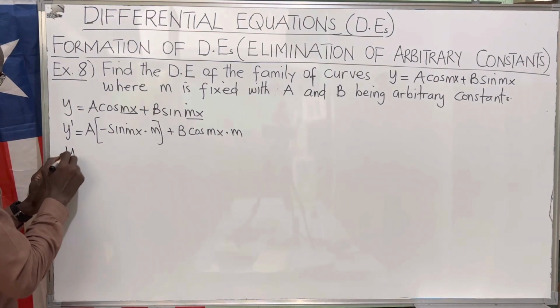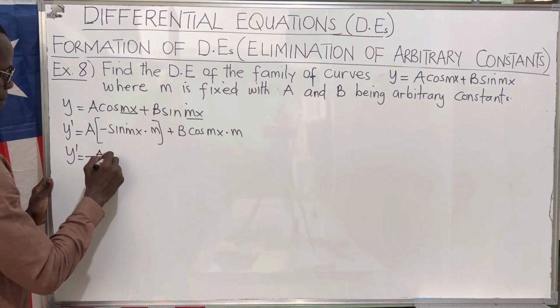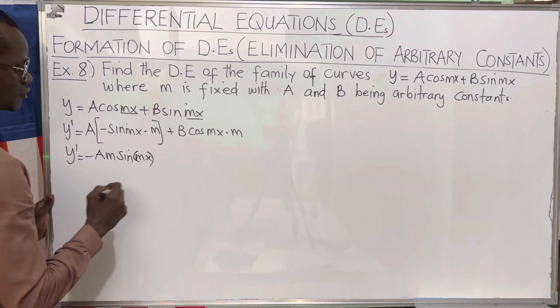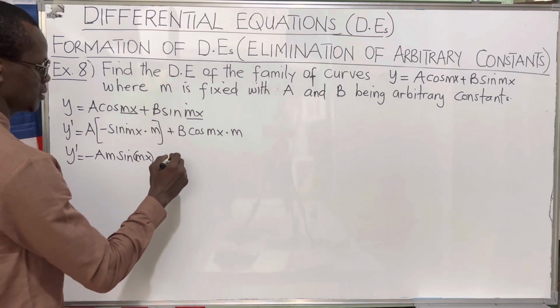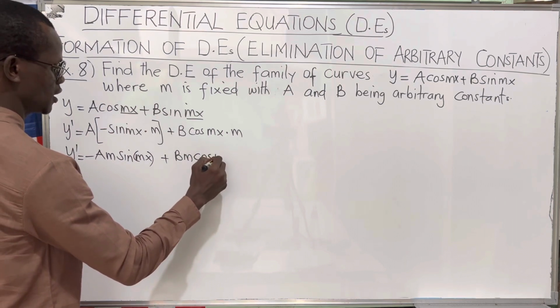So we can further simplify: y prime equals negative am sine of mx plus bm cos of mx.